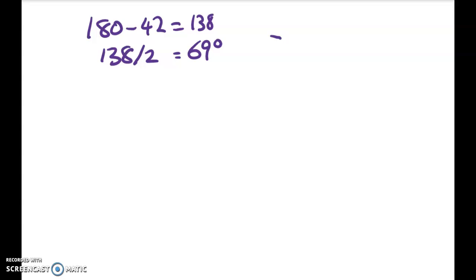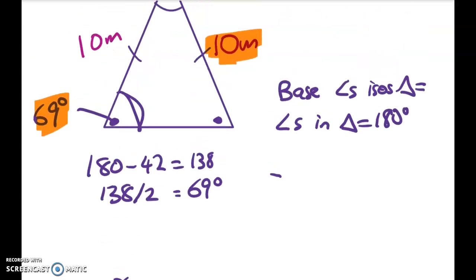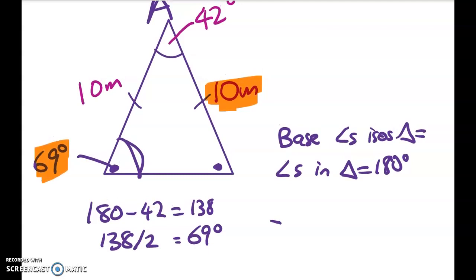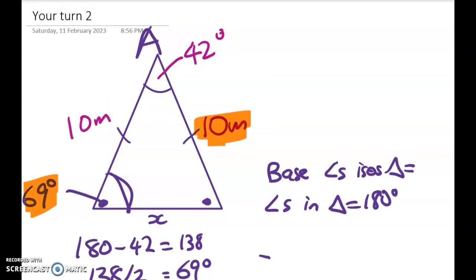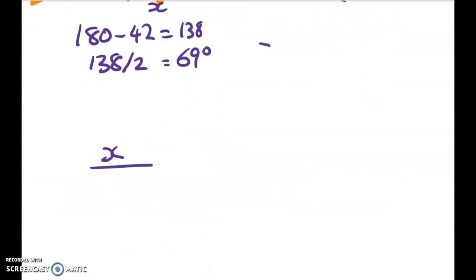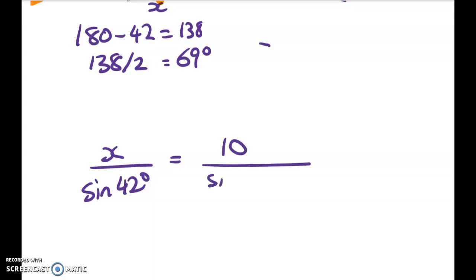So the sine rule for a side means we're going to have x here. So we're looking for side x here. And that goes with angle 42. So it'll be x over sine 42 degrees is equal to 10 meters over sine 69 degrees.